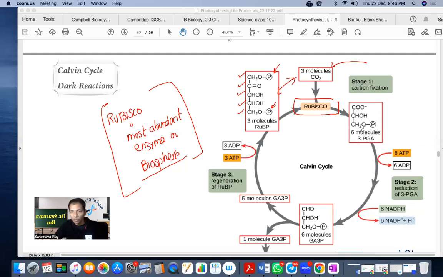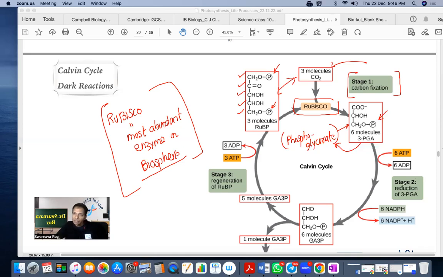So 3-PGA, because on the 3rd carbon there is this phosphate group. It is always in the ionic form inside the cell, right? That's why we call it phosphoglycerate. So this first step is called the carbon fixation.